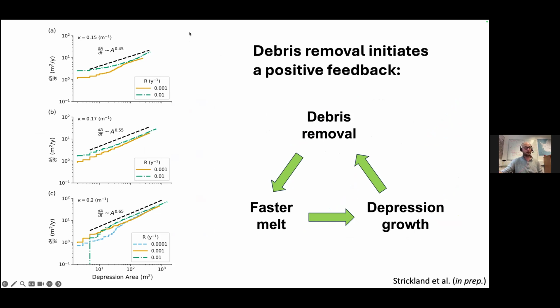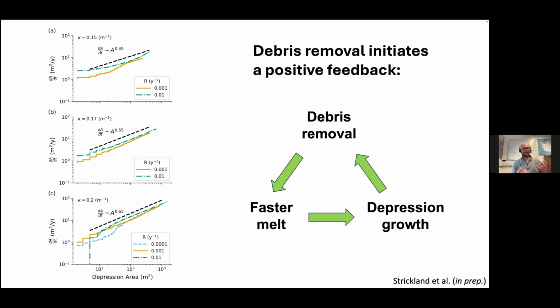It wasn't required to have the fastest debris removal rates, nor the fastest stream power constants, to get positive feedback growth. So we can get positive feedback growth from this sort of mechanism, similar to what we see. And it helped us understand how debris removal initiates this positive feedback.